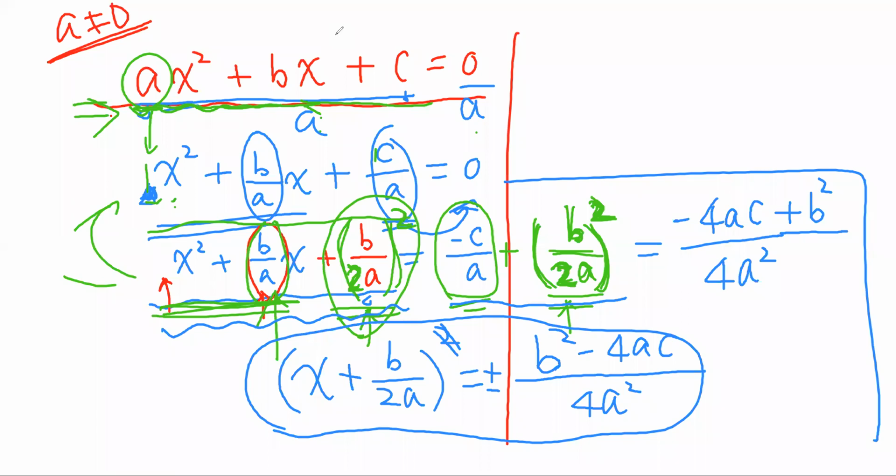Let me write in the top right corner. So x equals negative b, we move this part to the right.